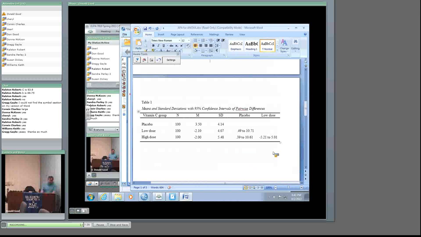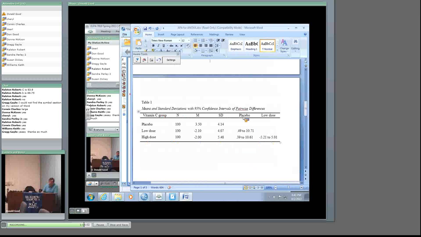So I've got columns of which groups I have, the no, the low, and the high, and the number in each group. And again, they don't have to all be the same. The means and standard deviations, and the confidence interval. Why do I have some blanks left? Because it's just repeat.